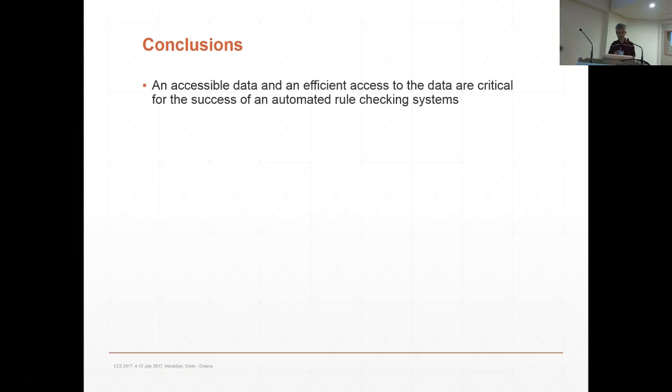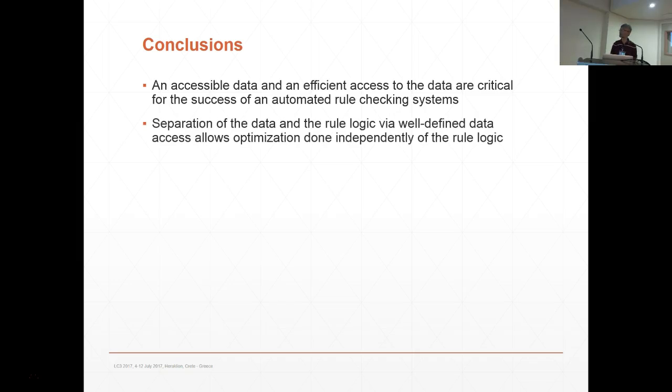And so the conclusions. Accessible data is important, and efficient access to data is critical if you want to do automated rule checking systems successfully. What we think is that separation of data and logic is also important.